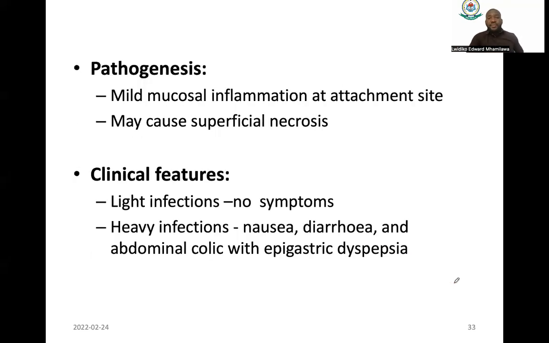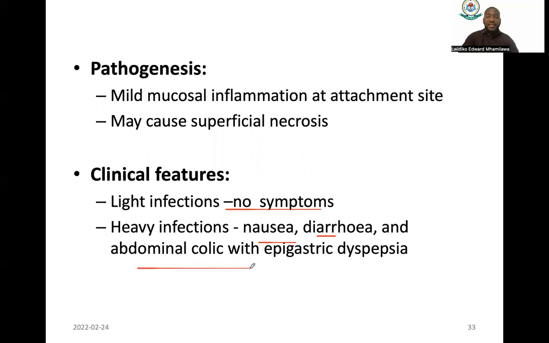They cause mild mucosal inflammation at the attachment site, and they can even cause superficial necrosis. Light infection has no symptoms, and heavy infections usually cause nausea, diarrhea, and abdominal colic. And these are usually incidental findings when someone is examined for something else.